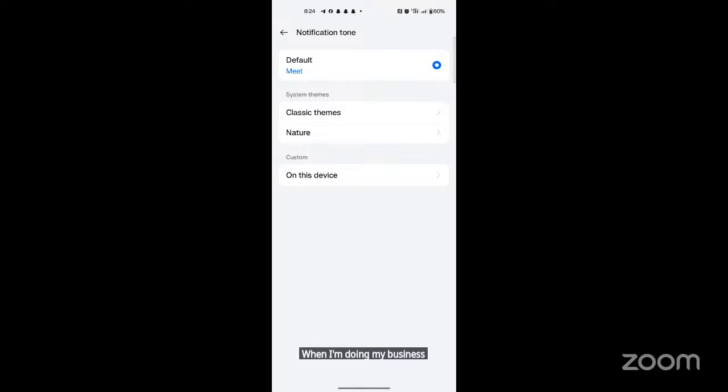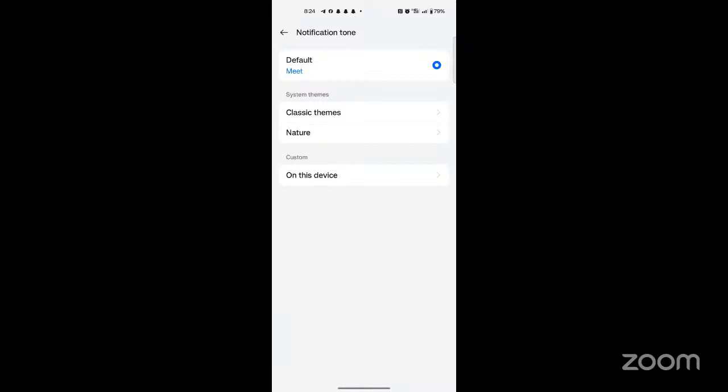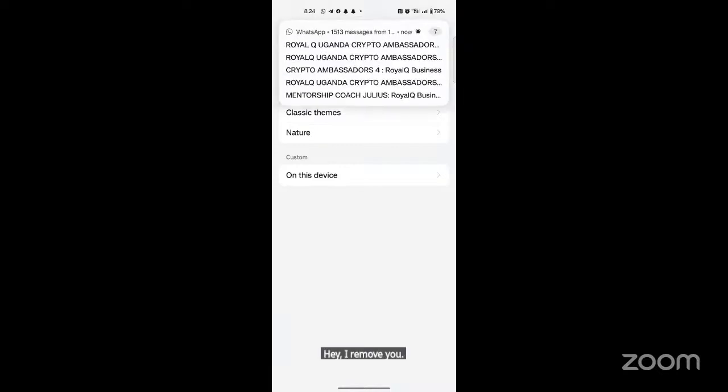Because some people even have asked me, why do I remove them in groups? I get a notification and you are posting something like a scam. So I remove you. So it is the same thing when you are using Royal Q. Make sure you get a notification.